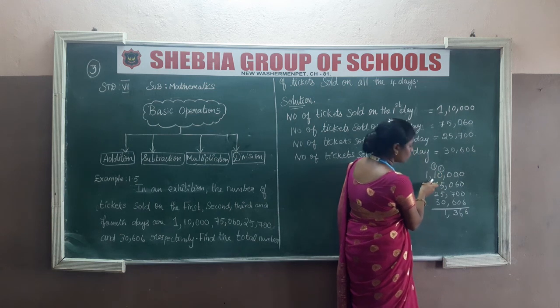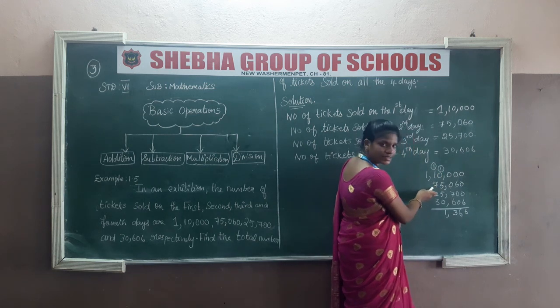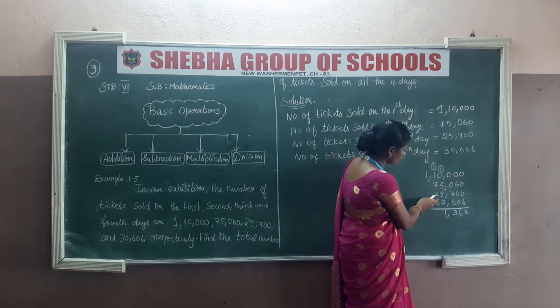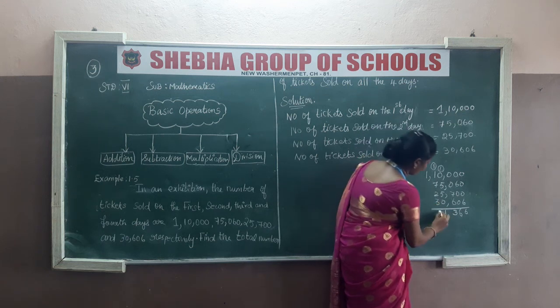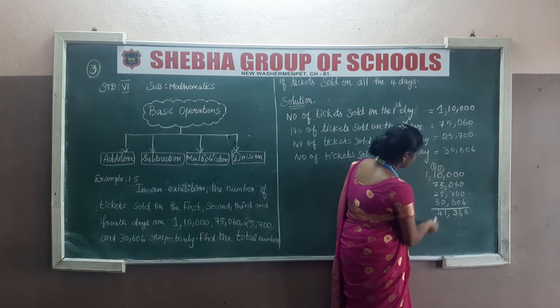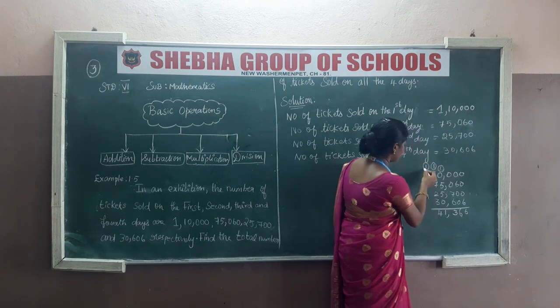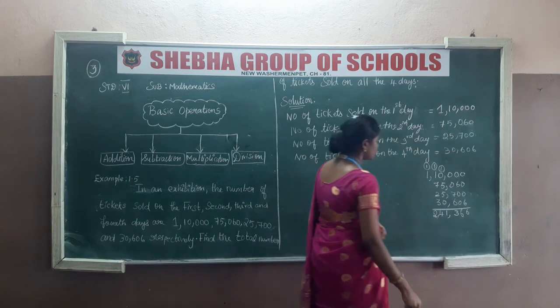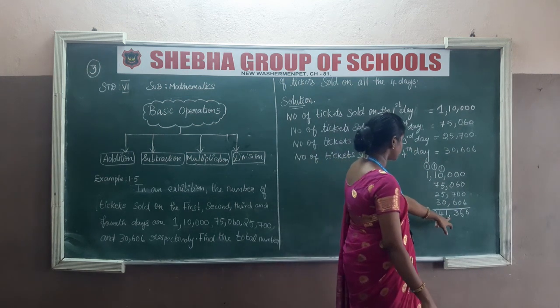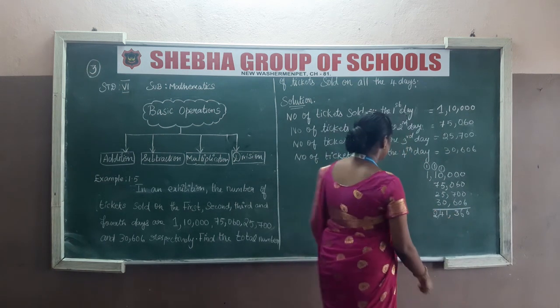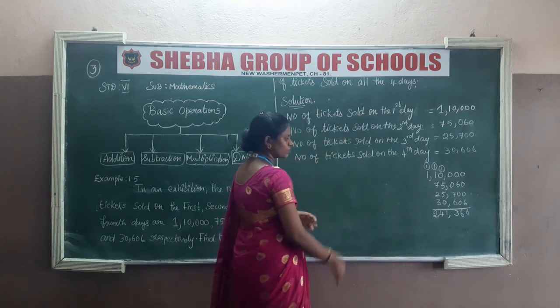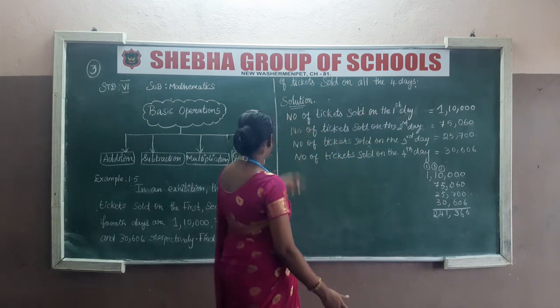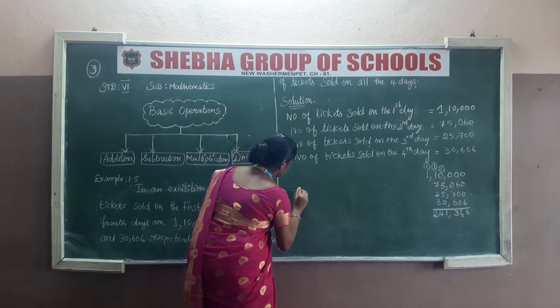Then 1 plus 1, 2, 2 plus 7, 9, 9 plus 2, 11, 11 plus 3, 14. 4 stays and 1 is carried. 1 plus 1, 2. So the value is 2,41,366.